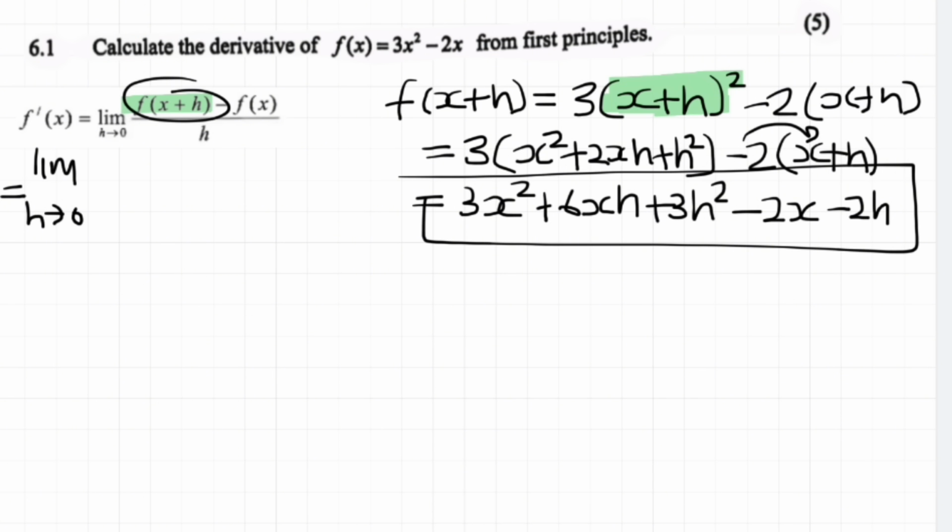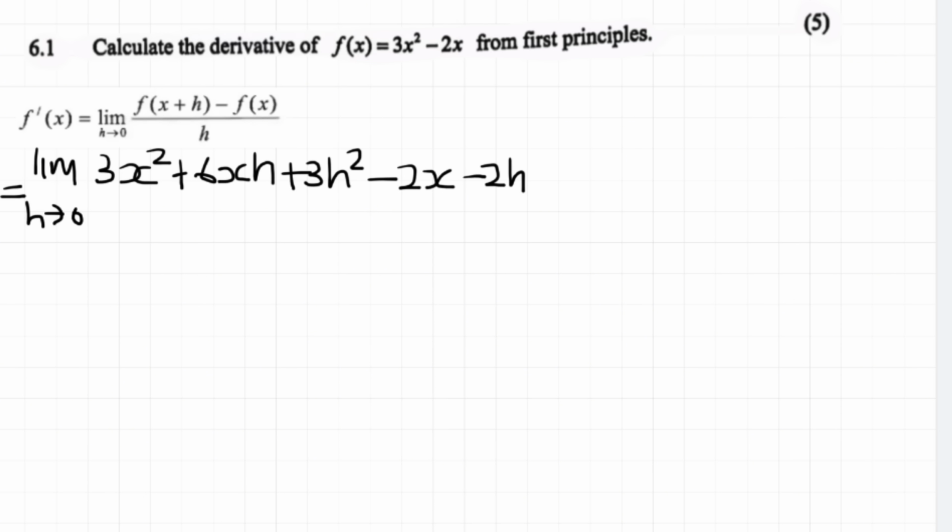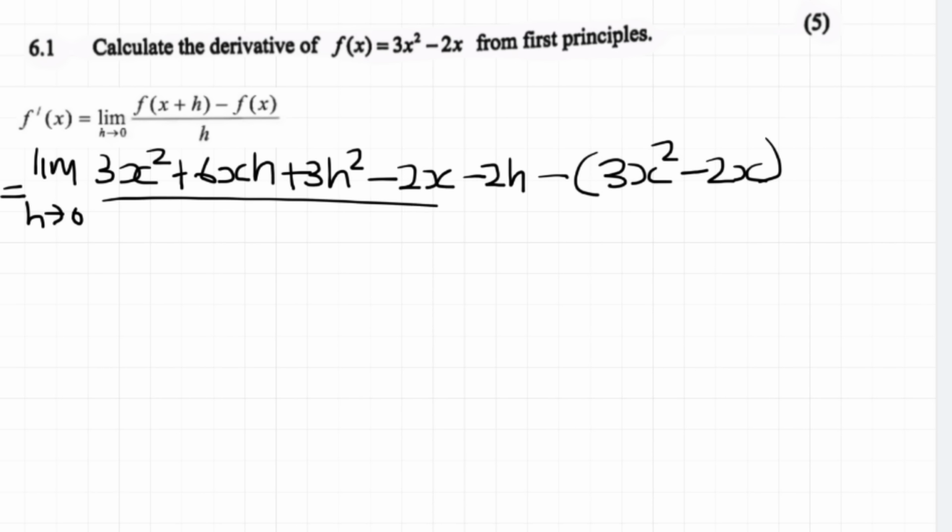Let me write it down. There it is. Then I say minus f of x, which is 3x squared minus 2x, just like that, all over h. Then I'm going to have the limit as h approaches 0. Let me rewrite this again, and then I will simplify.